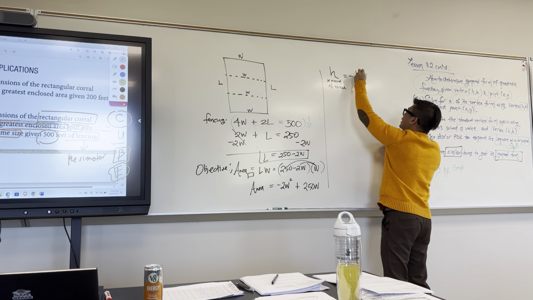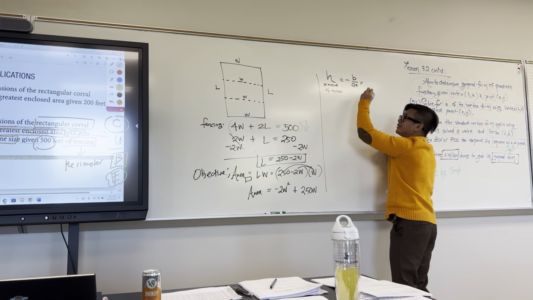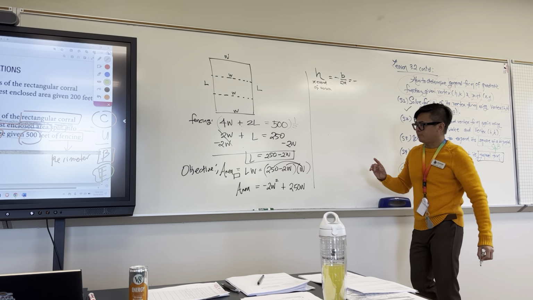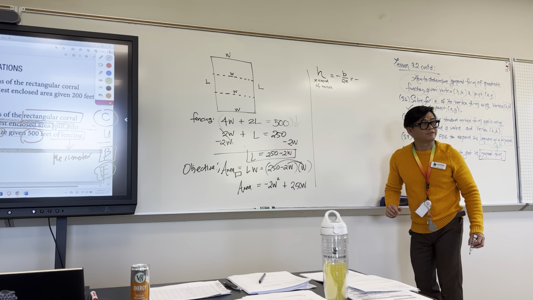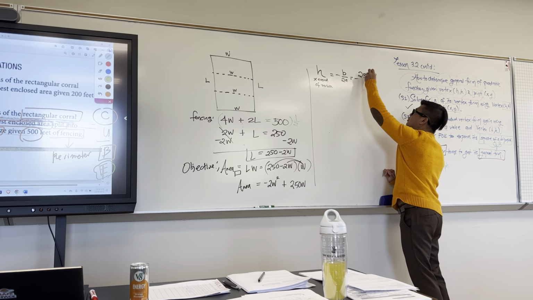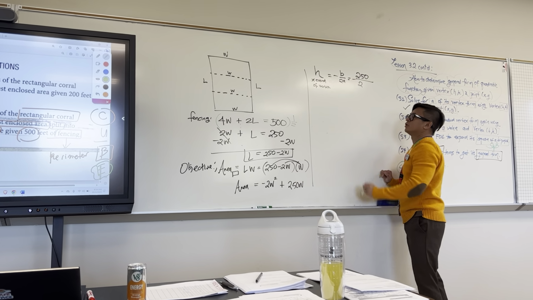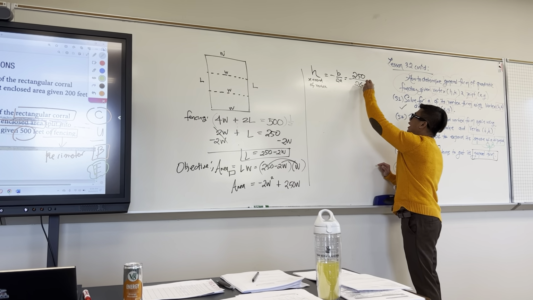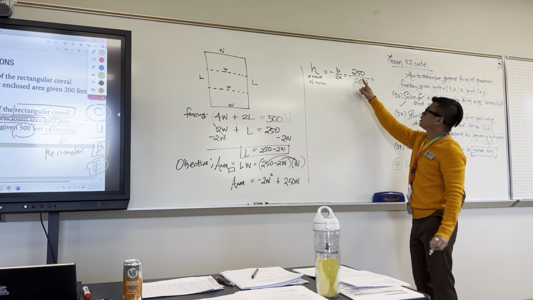What's the form again? Negative b over 2a, right? And what's that going to be? Negative, what's your b? 250, over 2, and your a? Negative 2.